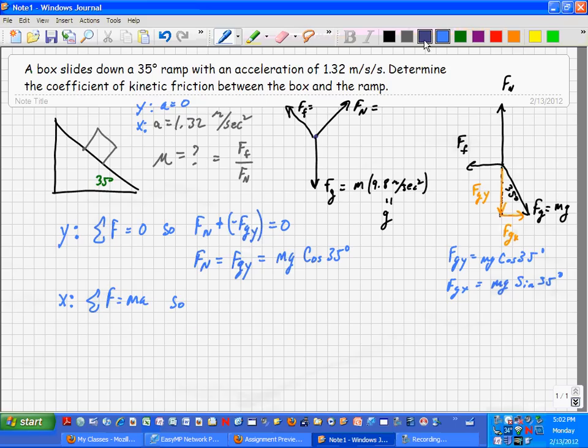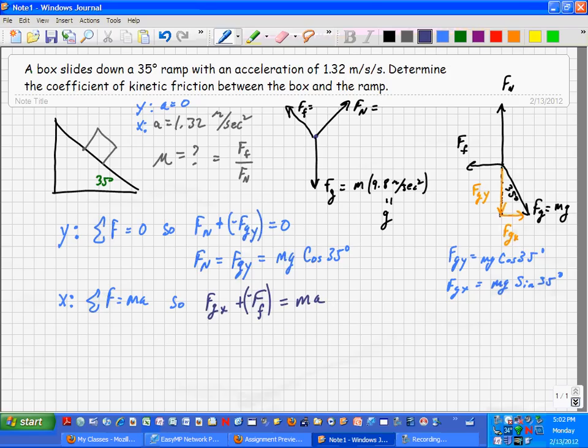So that means, let me do this in a different color so I can discern this, that means that F_gx plus F_f, which again is going to be negative, is going to be equal to ma.